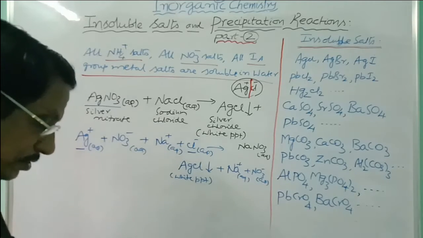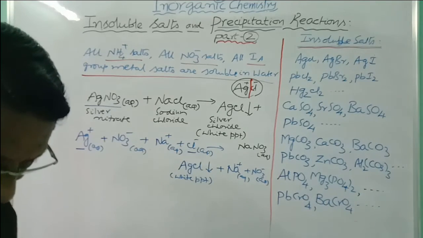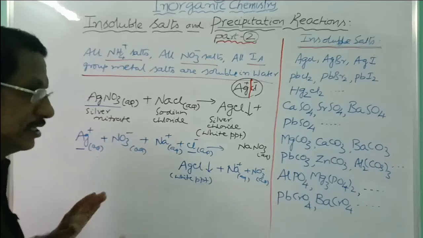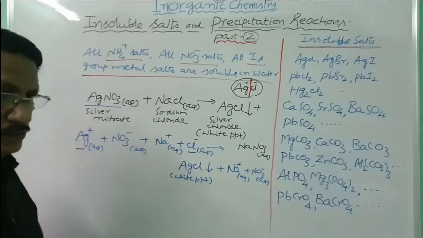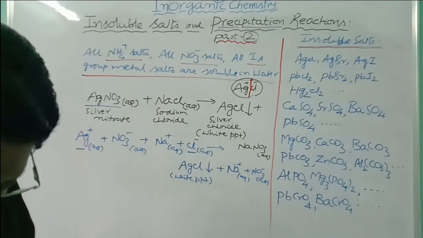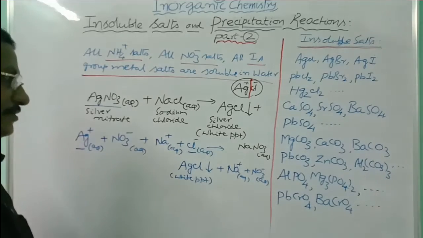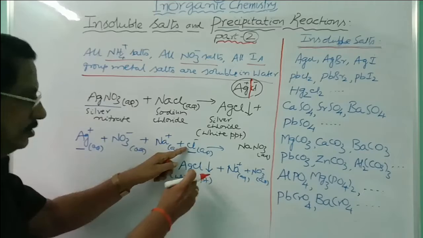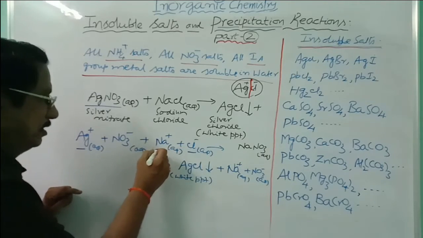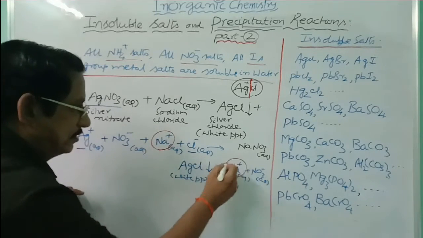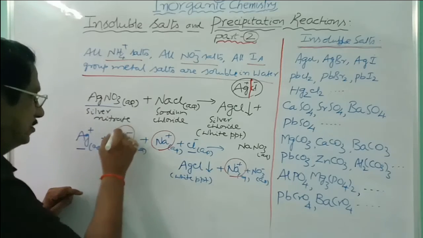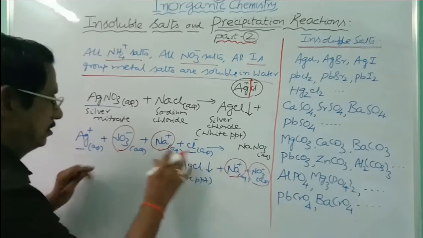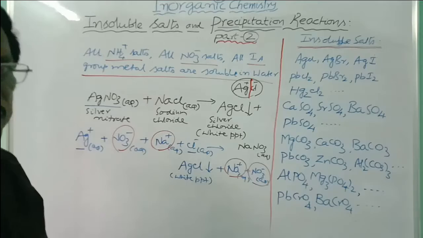And here one more thing you can add. What is that? The ions which are present on either side and are not undergoing any change are called spectator ions. Silver is coming down in the precipitate, chloride ion is coming down in the precipitate. Here sodium ion is present, here sodium ion is present, here nitrate ion is present, here nitrate is present. These seem to be not participating in the reaction.